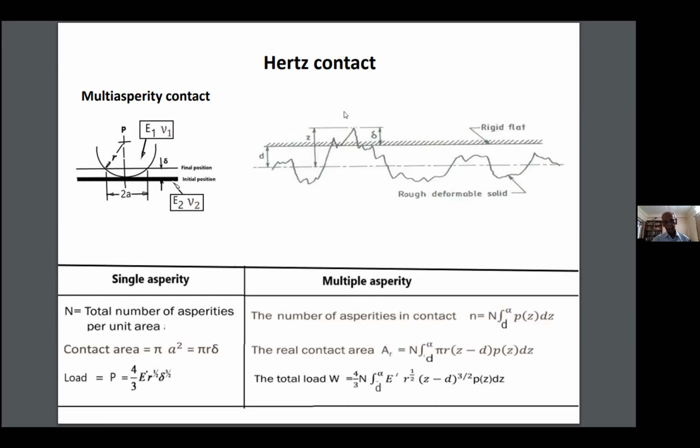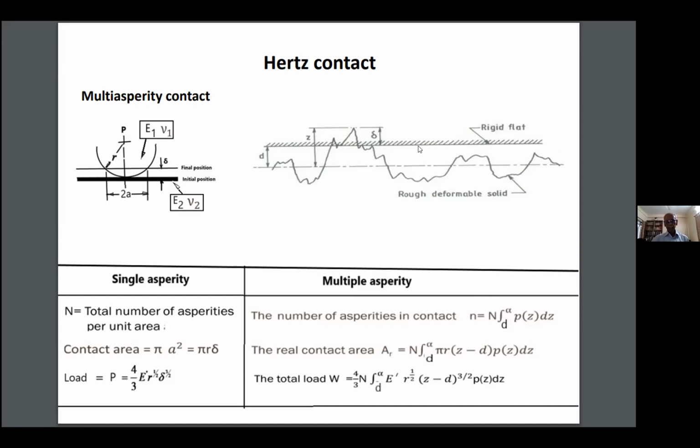Why infinity? Because we assume that the asperity can be very high, and as the flat is coming down, it is coming down from infinite distance. I mean, this is a relatively high distance compared to D. So we integrate this probability density function between D and infinity, with N being the total number of asperities per unit area.